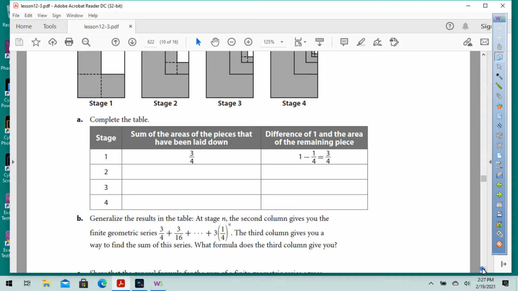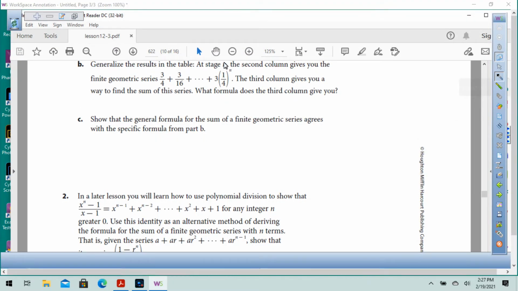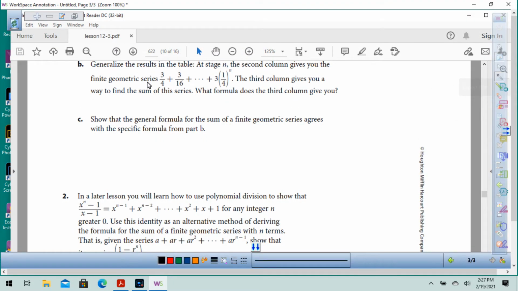B, generalize the results in the table. At stage N, the second column gives you the finite geometric series 3/4 plus 3/16 plus and so on, 3 times 1/4 to the n. The third column gives you a way to sum this series. What formula does the third column give you?